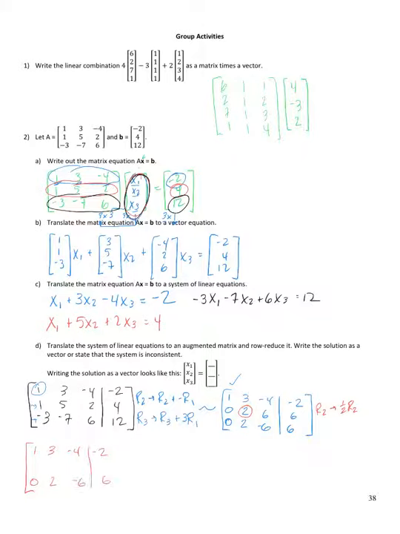Okay, scaling row 2 by 1/2, I get 0, 1, 3, 3. Okay, so now I have a 1 as my pivot position. I'm going to use that 1 to knock out this 2 that's beneath it. So row 3 is going to become row 3 minus 2 row 2.